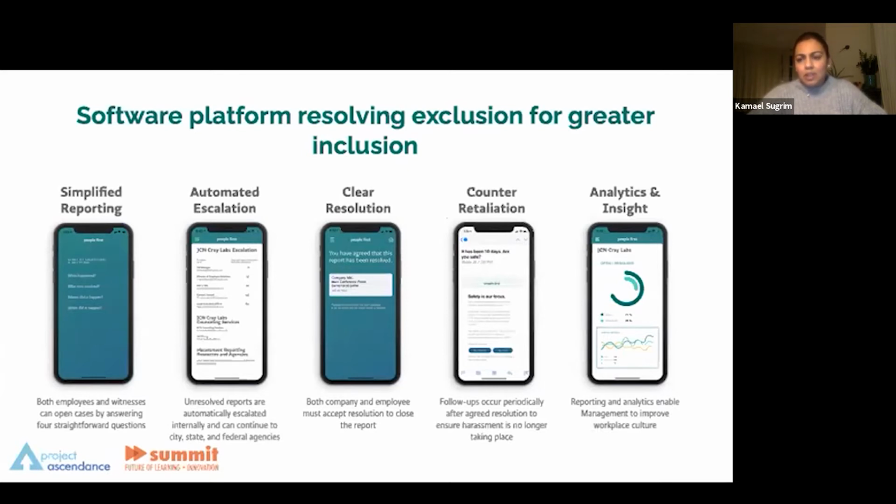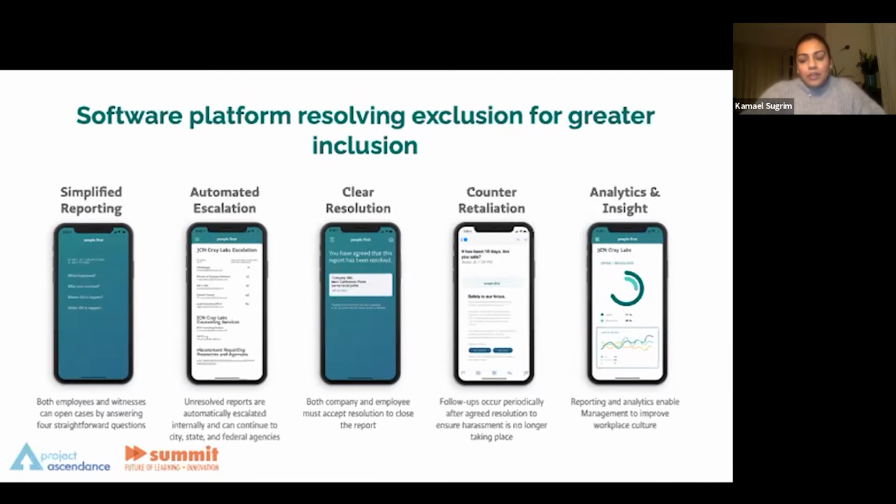We've created some really interesting features that have in the past stopped people from reporting, which is we've created a very transparent and clear way to report. We have a feature called automatic escalation, which means that everybody knows where your case or incident is, and it's clearly defined and time bound. So that ambiguity about experiencing something very difficult, deciding to speak up, and then not knowing what's going to happen with your information, we've removed that with our software.